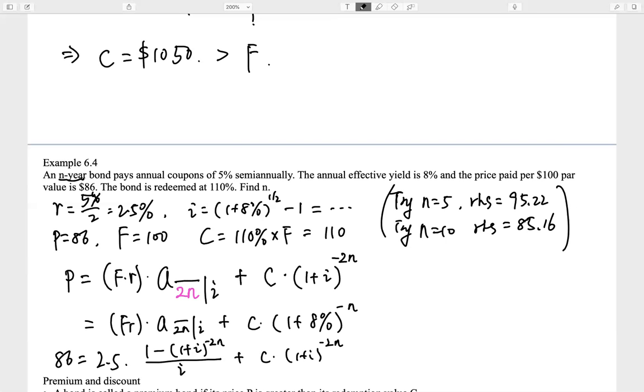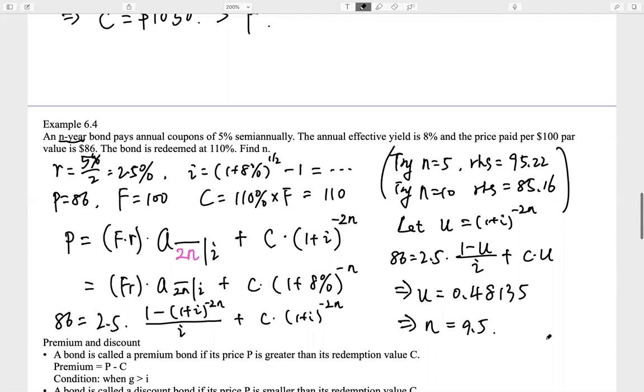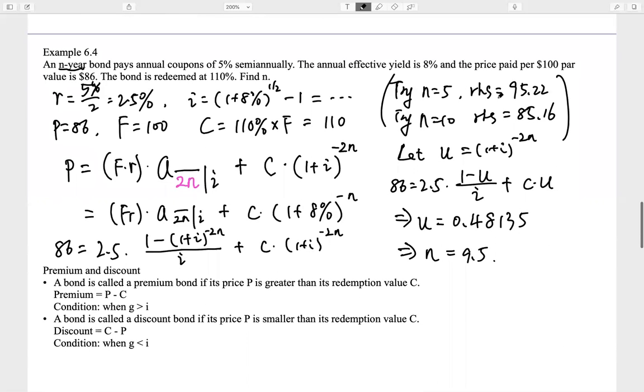Let's use v^n, or U, to denote this, right? Then what I have is (1 minus U) divided by i plus C times U, right? So you can calculate U is about 0.48135. From there, you can calculate n. n is 9.5, okay? Calculating n is always difficult, but you can also use trial and error if you want.